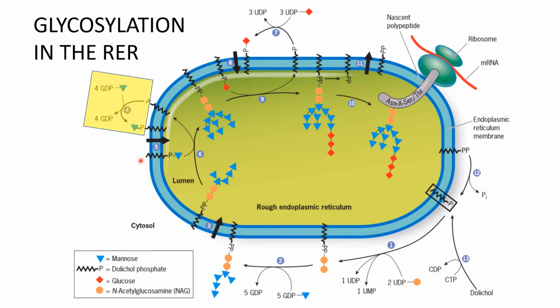And in step number 4, there's a series of dolichol phosphates also that is carrying with them more mannoses. Okay, and then they will continue on flip-flopping, facing the outside and then facing the inside, and that will take 4 of them, because it's gonna be carrying one mannose at a time.